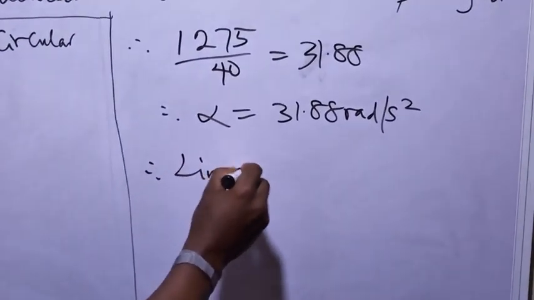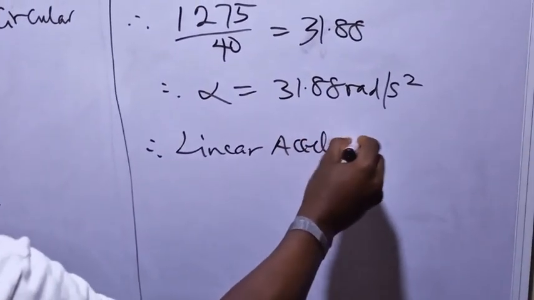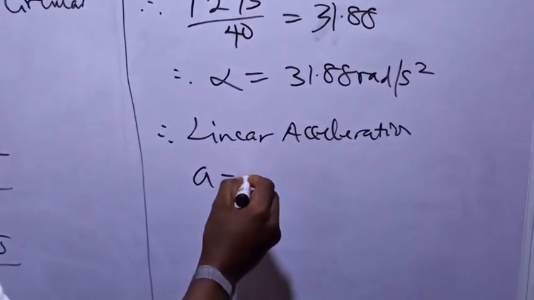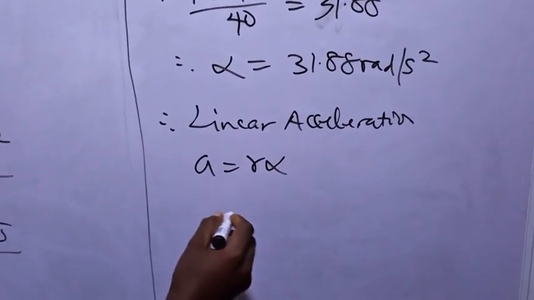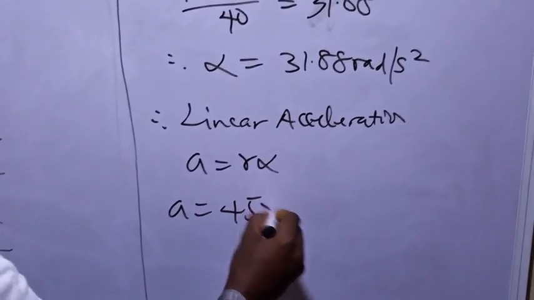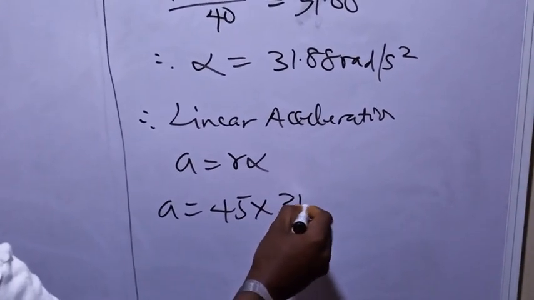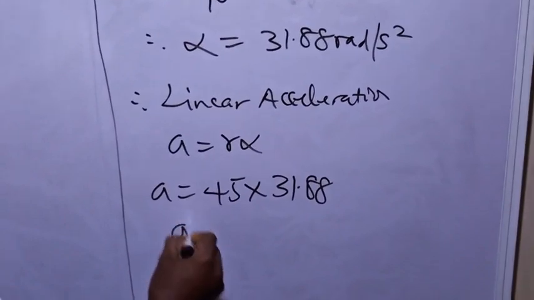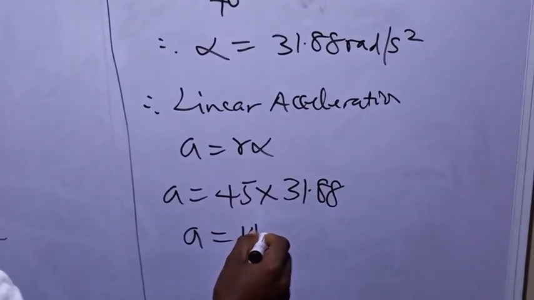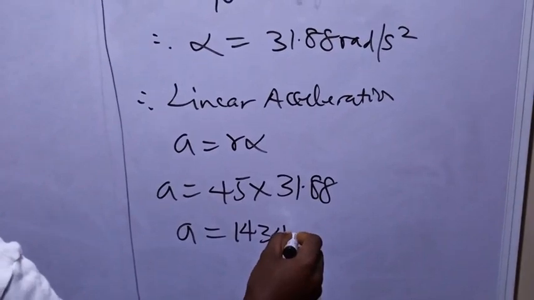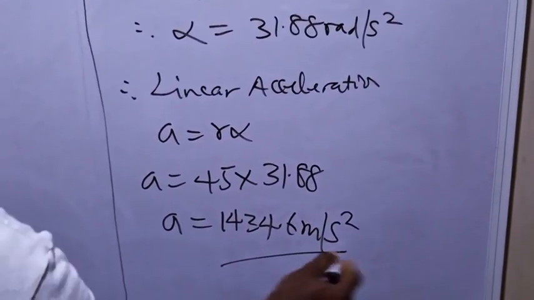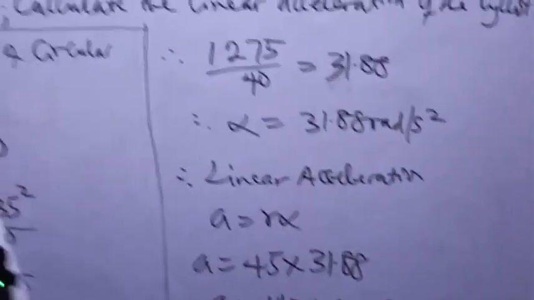Therefore, linear acceleration here will be a equals r times α. a equals 45 times 31.88. Therefore, if you multiply this by this, the acceleration will be equal to 1434.6 meters per second squared. As simple as it is.